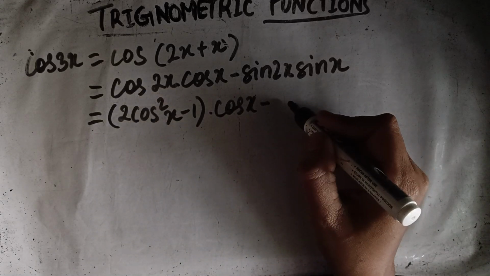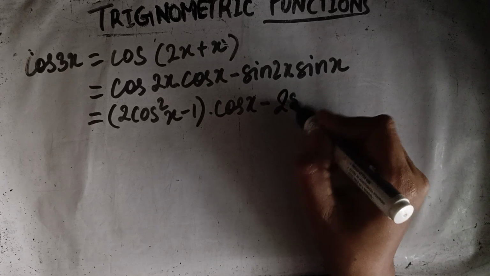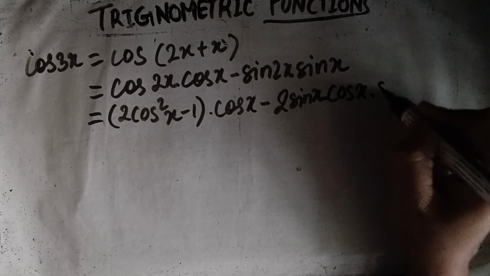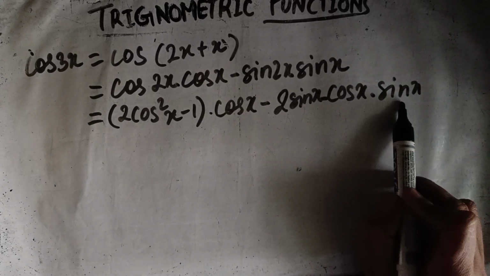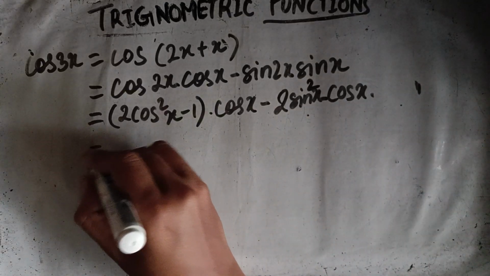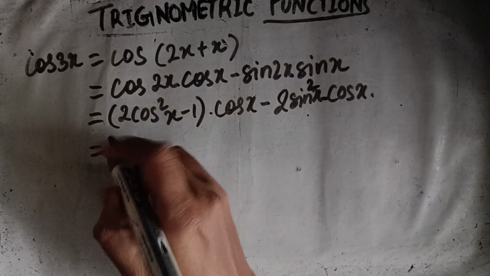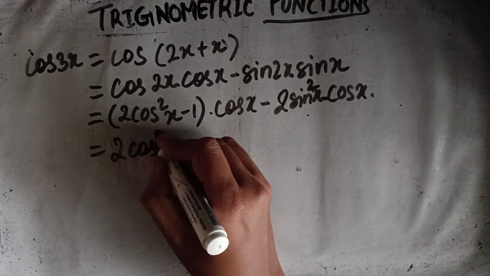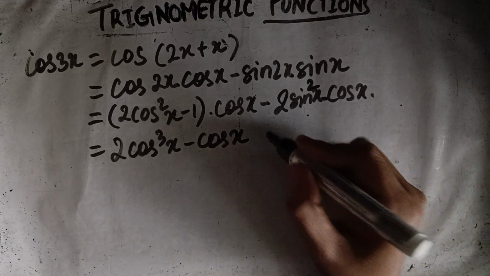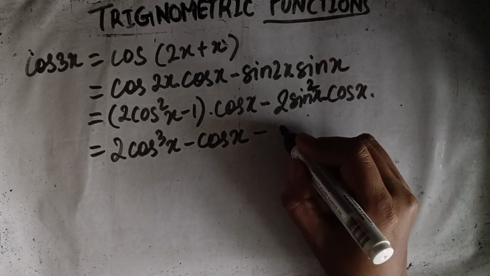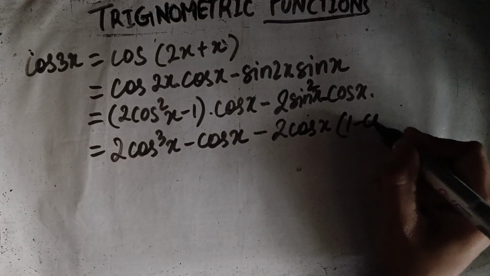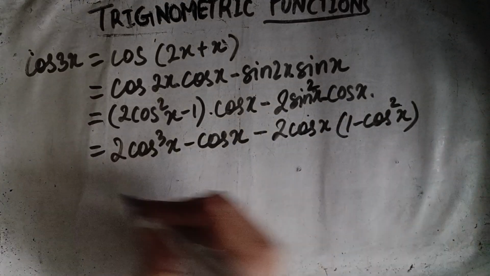And here sin 2x you can write as 2 sin x into cos x, into sin x. So this sin x and this sin x become sin square x. Cos x you can multiply inside: 2 cos cube x minus cos x, minus 2 cos x, and sin square x you can write as 1 minus cos square x.